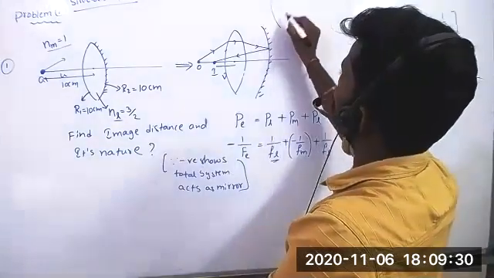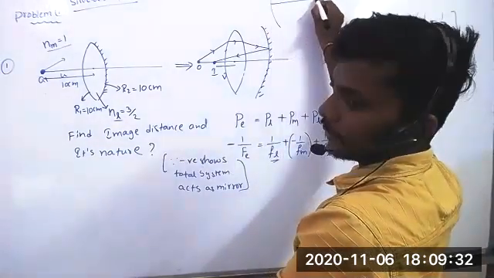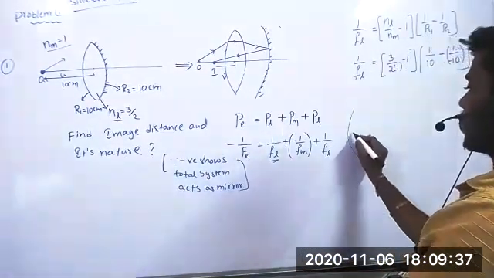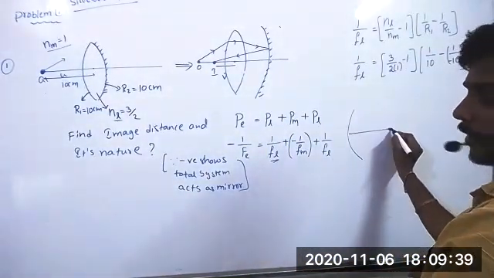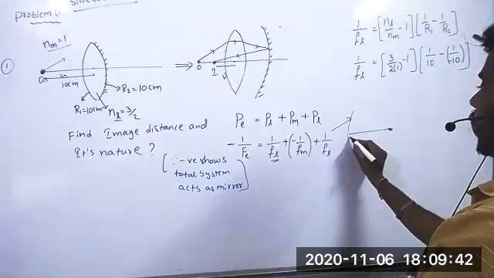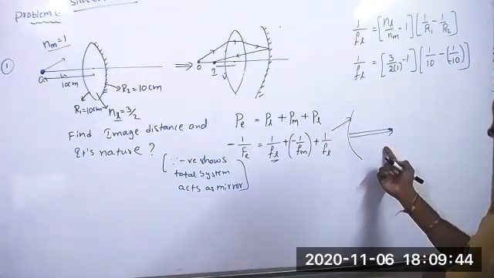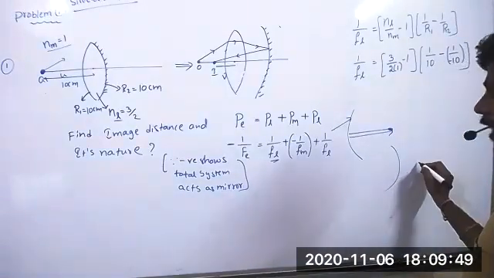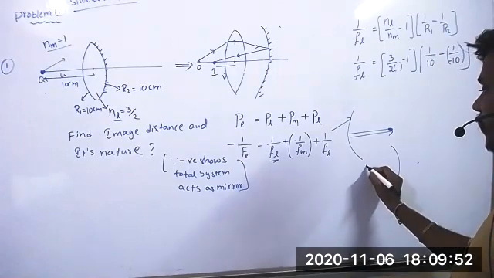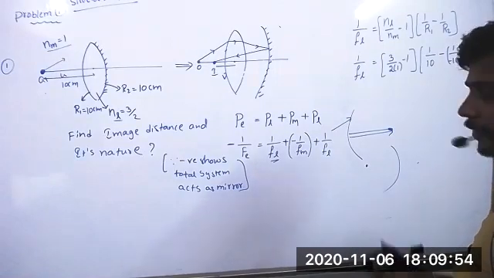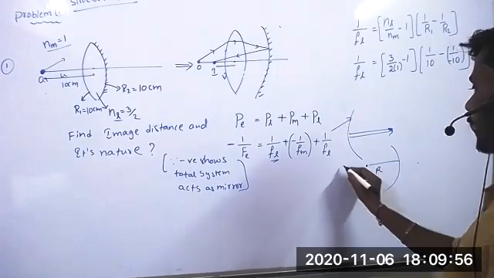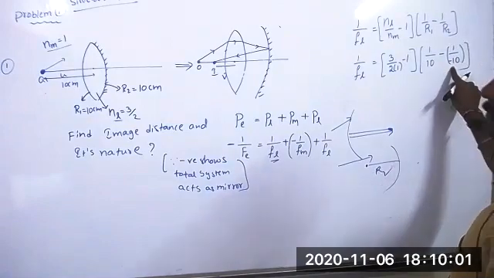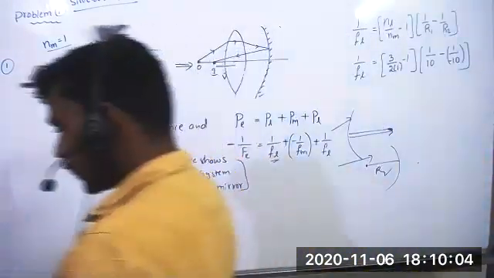If you take this surface, the radius of curvature will be in this direction. Light is also coming in this direction, and you are also going in this direction, so positive. If you take the other surface, the radius of curvature will be in this direction, but light is going in the opposite direction. So minus 10. Clear?